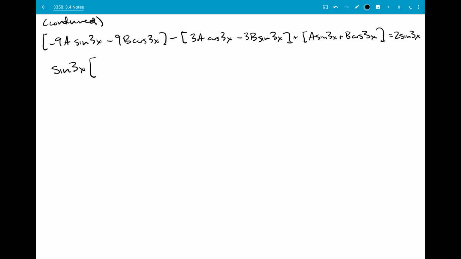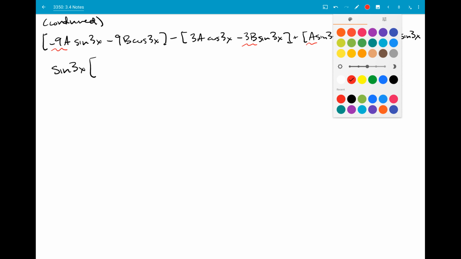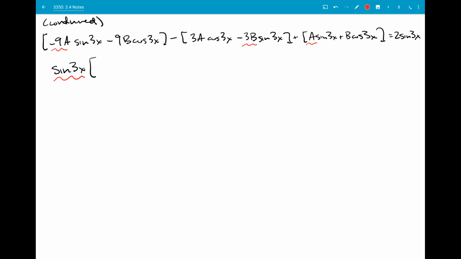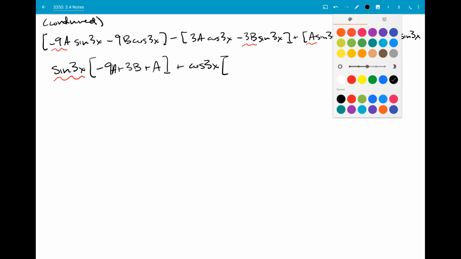I'll do red. So there's minus 9a times sine, minus 3b times sine, plus a on the left-hand side. That's going to give me minus 9a minus 3b plus a. Then I want my cosine 3x terms, and we'll do green.